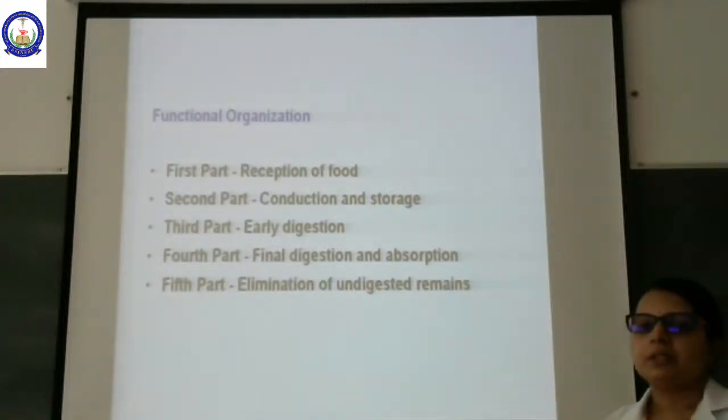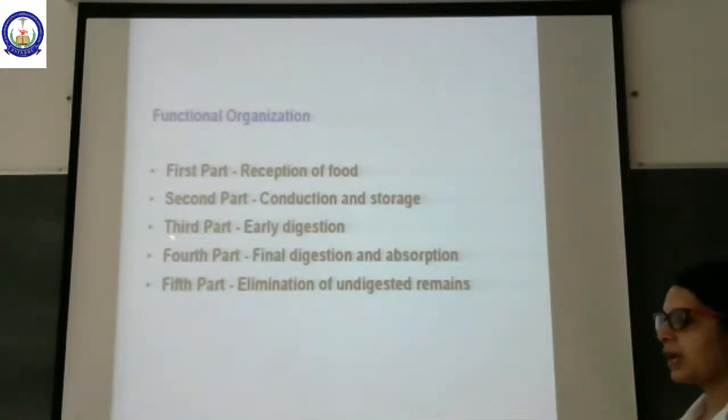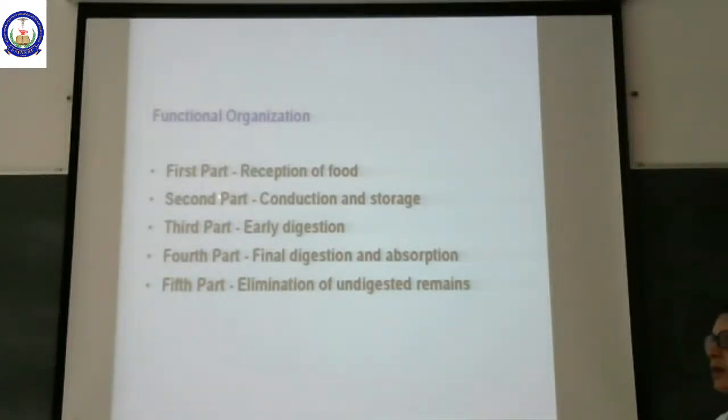So, the summary of the functional organization of the gastrointestinal system: the first part, the oral cavity, helps in the reception of food. The second part, from the pharynx to the stomach, is conduction, the passage of food from the oral cavity to the stomach. The pharynx and esophagus help in conduction of food, and the stomach helps in storage of food.